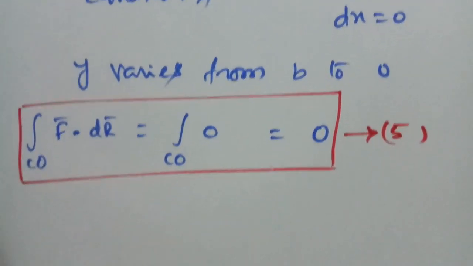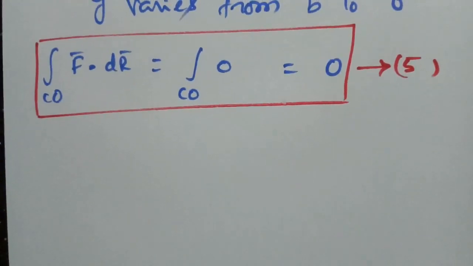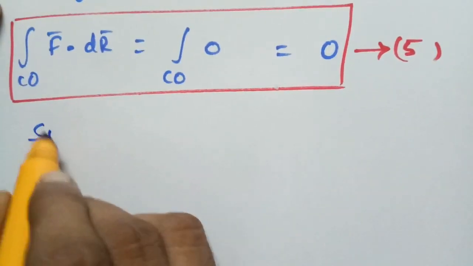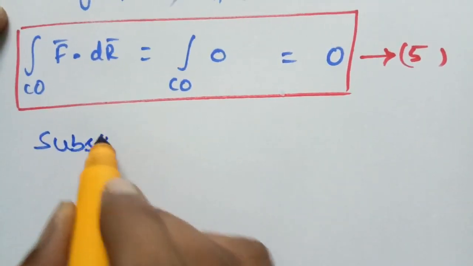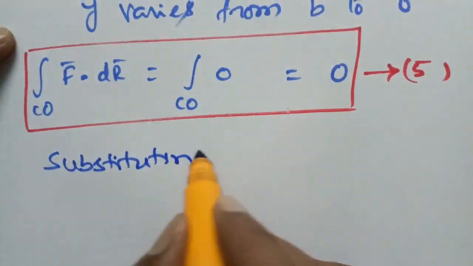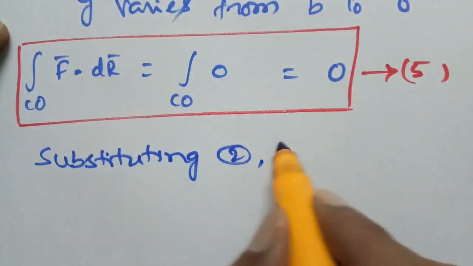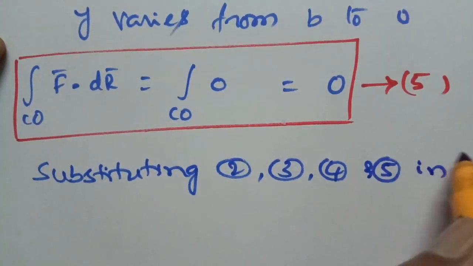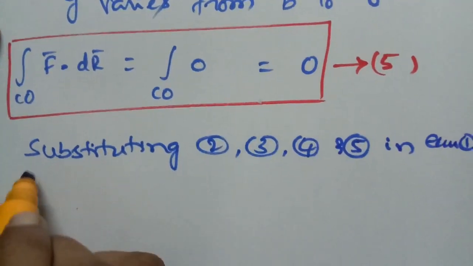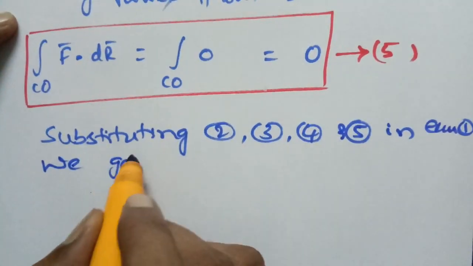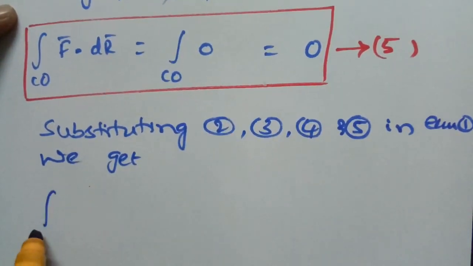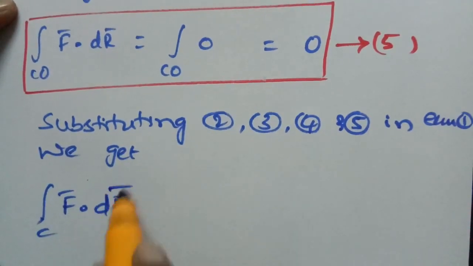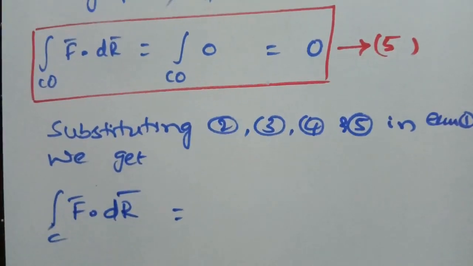Now substituting 2, 3, 4 and 5 in equation number 1. Equation 1 is the integration over C of f bar dot dr bar.